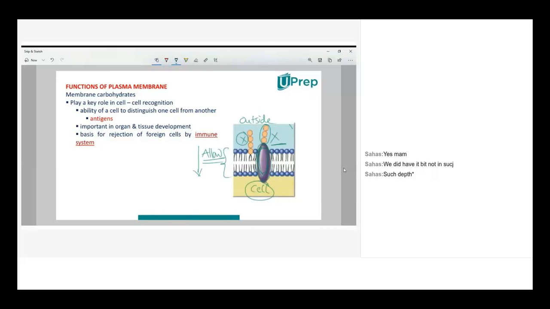Assume that there is a protein called Y. Assume that it is a foreign protein. Foreign means what? Which is not at all recognized by the plasma membrane in its growth or development. Assume that this is a Y protein. Suppose the Y protein tries to get into the cell. The plasma membrane will not allow the Y protein to get into the cell.